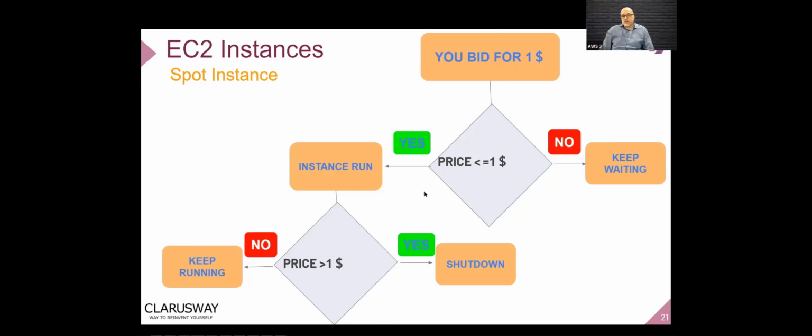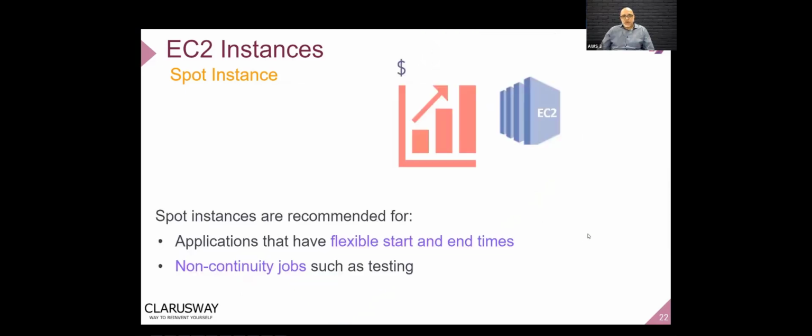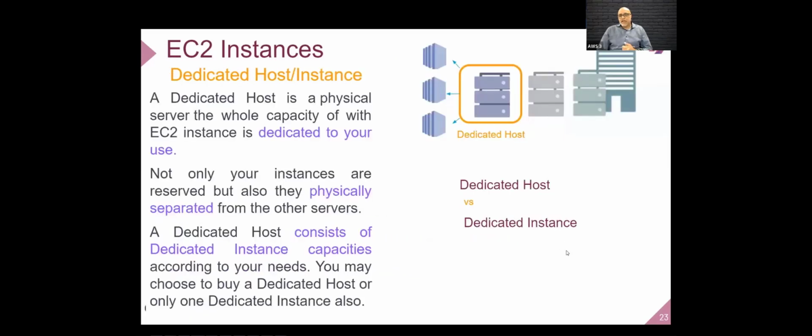This might be a good option. But you're really trying to keep your price below a certain value here. So spot instances suit applications that have flexible start and end times, where you're not really concerned if the instances go up and down. Okay, dedicated host and dedicated instances.